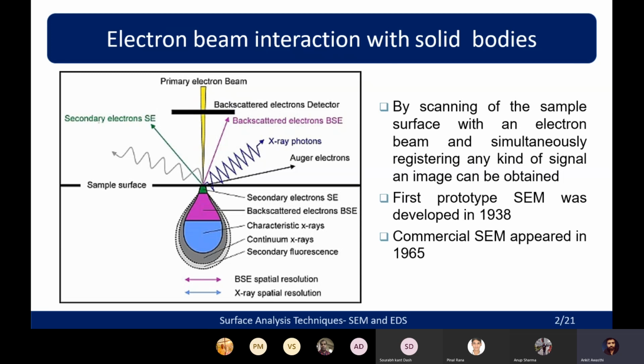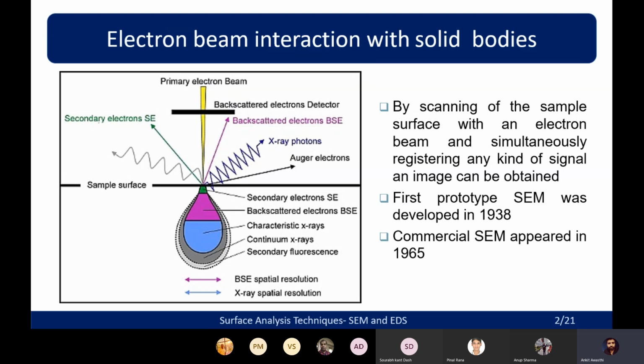So what happens when these secondary electrons form? Then there will be a vacancy created in that electron shell of the element of the sample material.